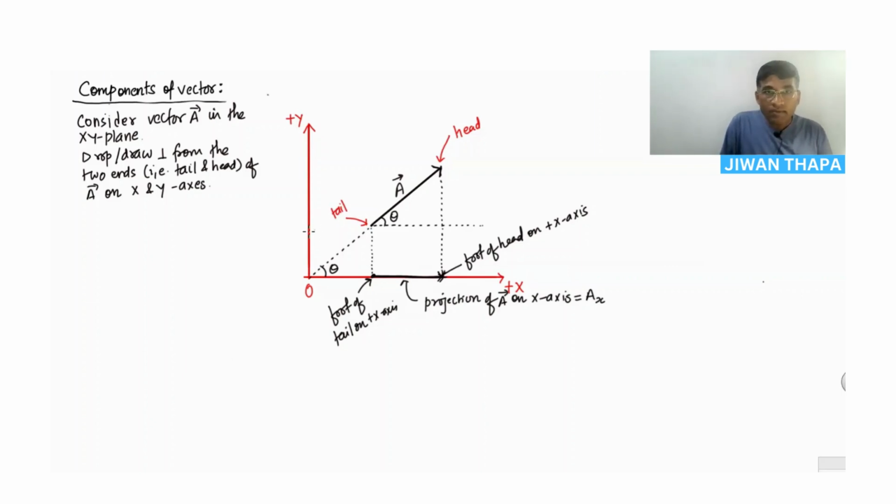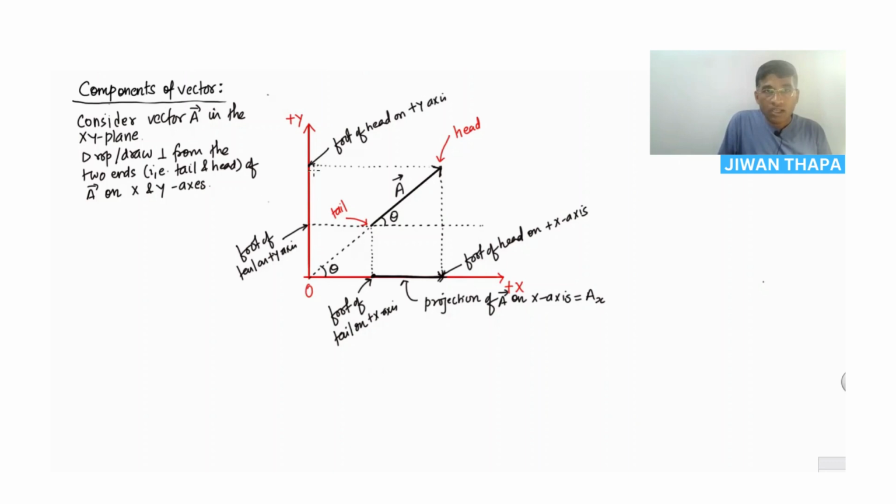In the same way, let us drop a perpendicular from the tail on the positive y-axis. This point represents the foot of the tail on the positive y-axis, and let us drop a perpendicular from the head on the positive y-axis. This point represents the foot of the head on the positive y-axis.